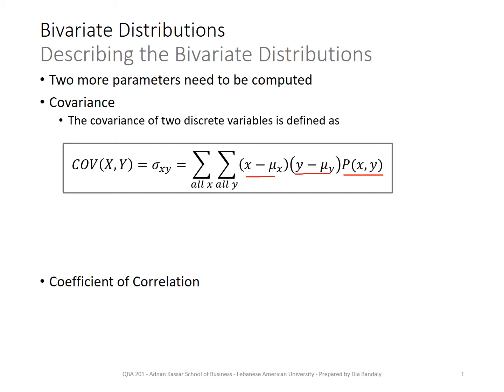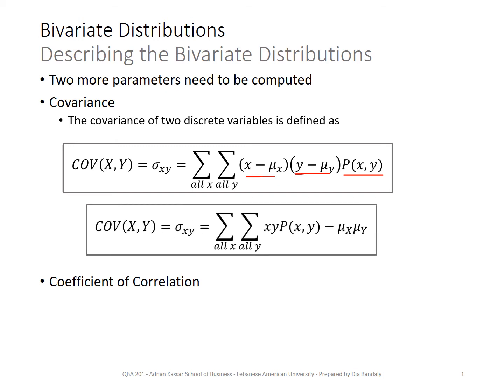Or we can use this shortcut, which has two parts. In the first part we multiply each value of x by the corresponding value of y given the joint probability of x and y, meaning the probability that this pair of x and y will occur.